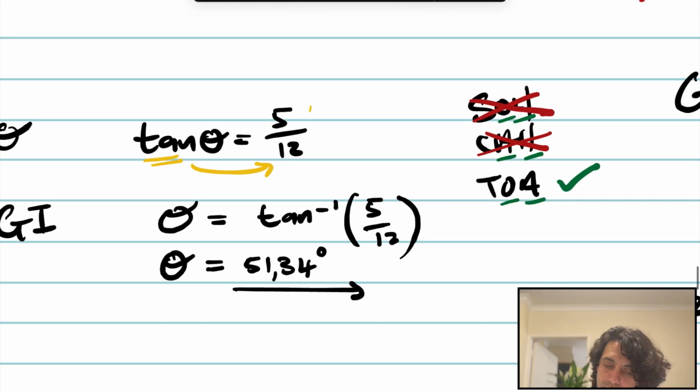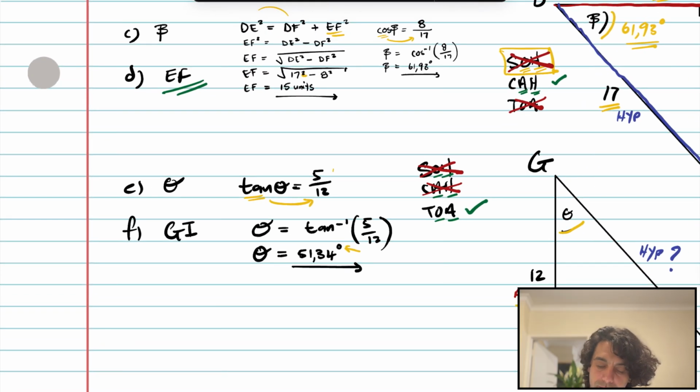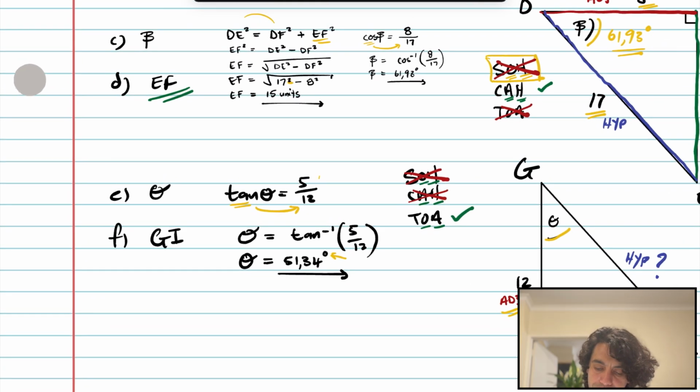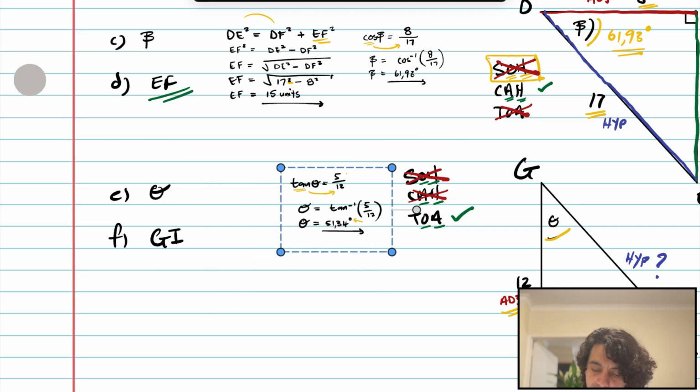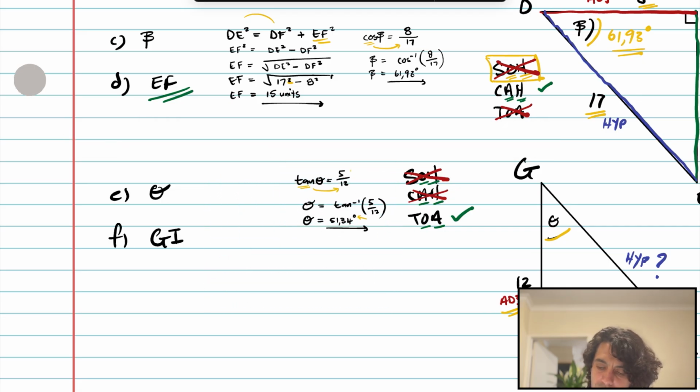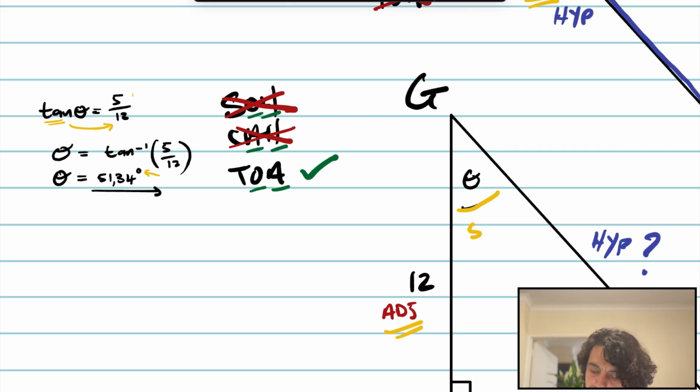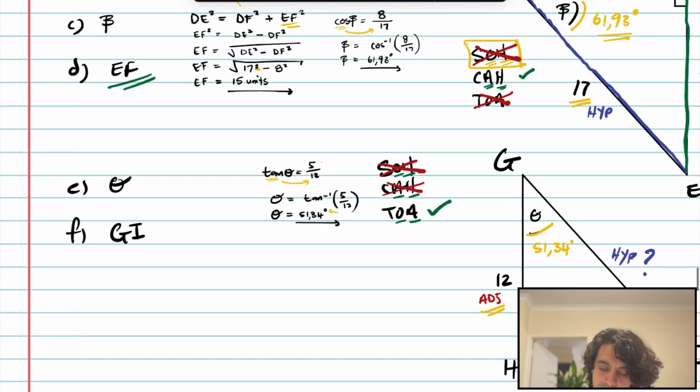Don't forget that degree symbol, by the way. We're working in degrees here. That is the unit that we're working in for our angles. Beautiful, so we found out what our angle was. You can pop it here in pencil on your question paper so that you have it.